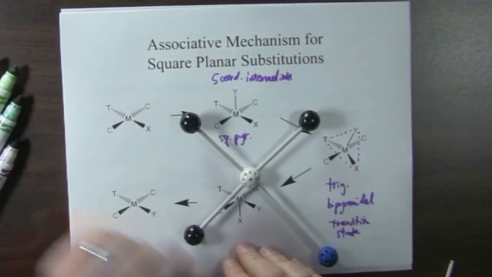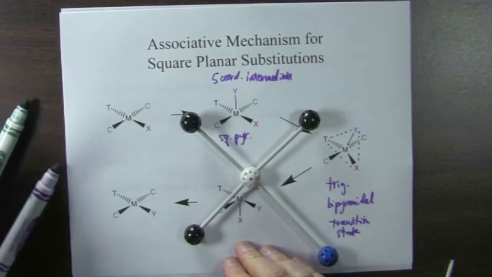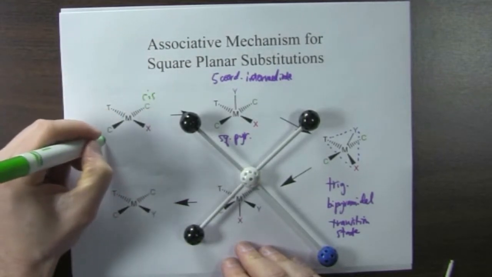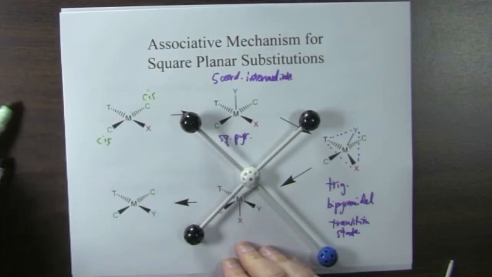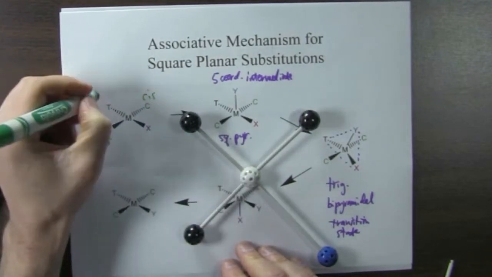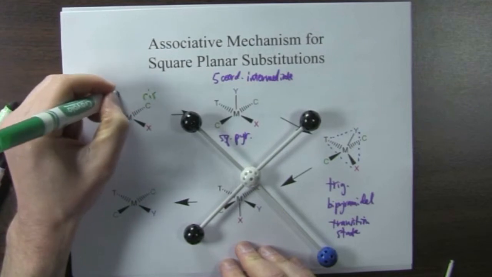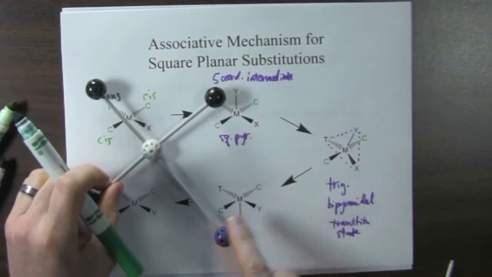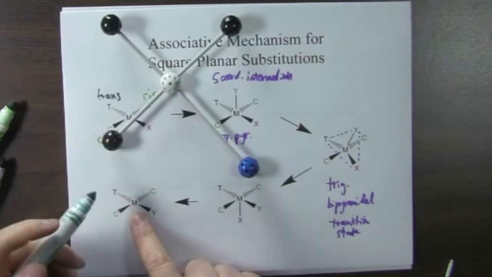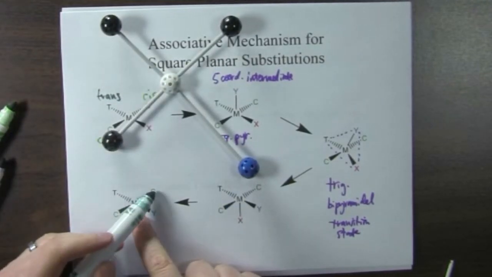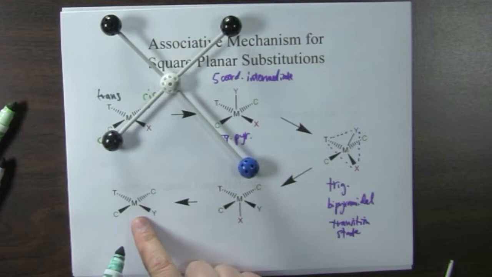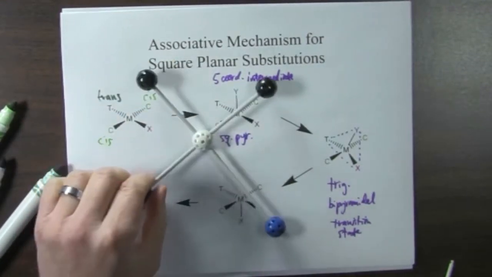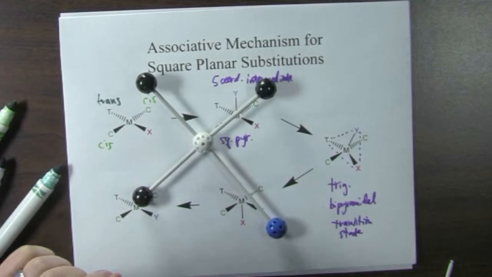These two spectator ligands are cis. So that C actually stands for cis, not for carbon. And this ligand is trans to the leaving group. After we go through this transformation, the trans ligand is still where it was, and the cis ligands are still where they were. So the geometry didn't change.